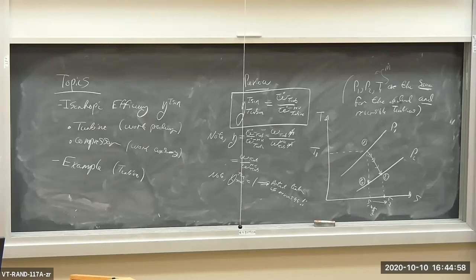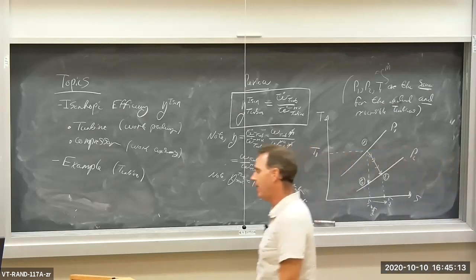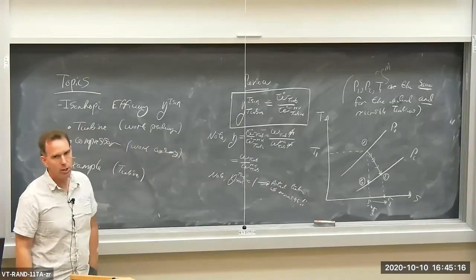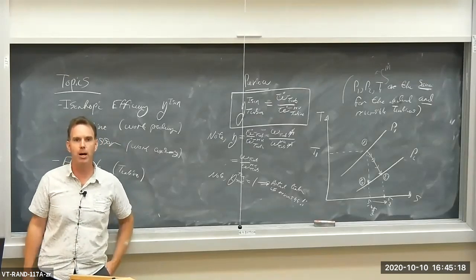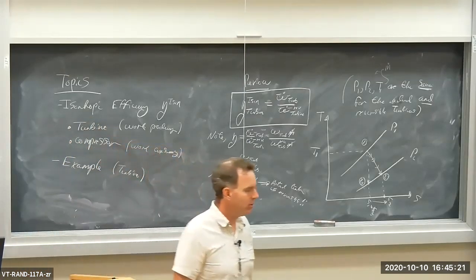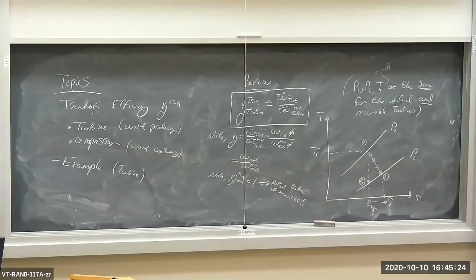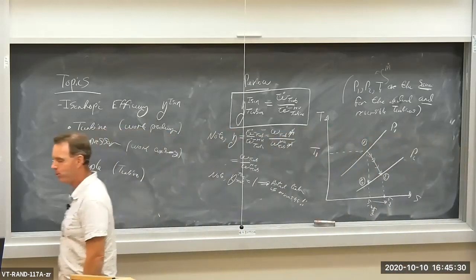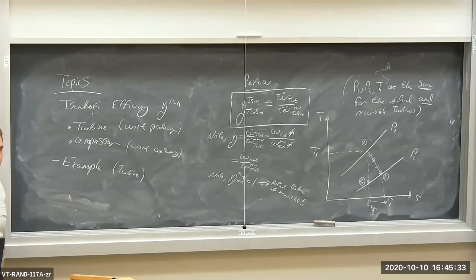Presumably, as an engineer, you want to get isentropic efficiencies as close to 1 as possible. A well-designed turbine or compressor will have isentropic efficiencies typically around 70, 80, probably not 90%. But as an engineer, you want to get them as high as possible. A well-designed turbine or compressor has isentropic efficiencies somewhere north of 80%. That is considered good for a real-world device with all of its irreversibilities inside. Okay?